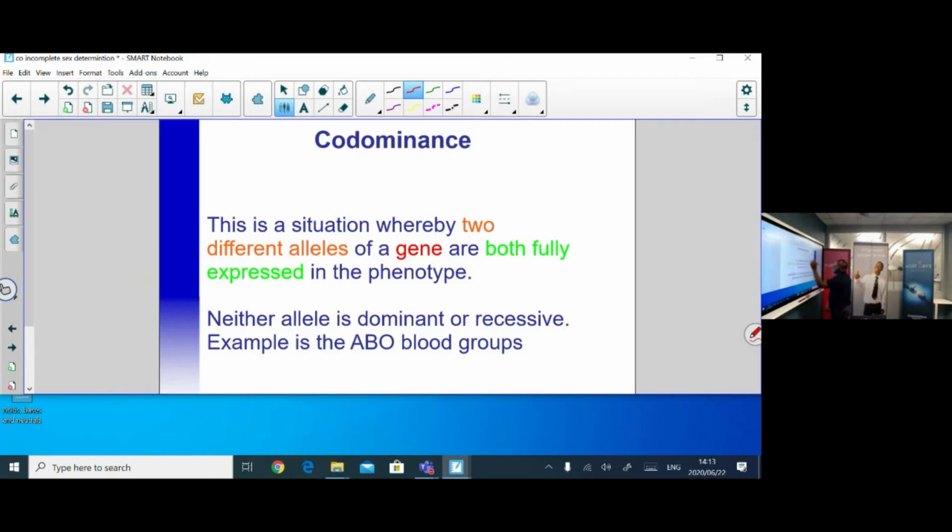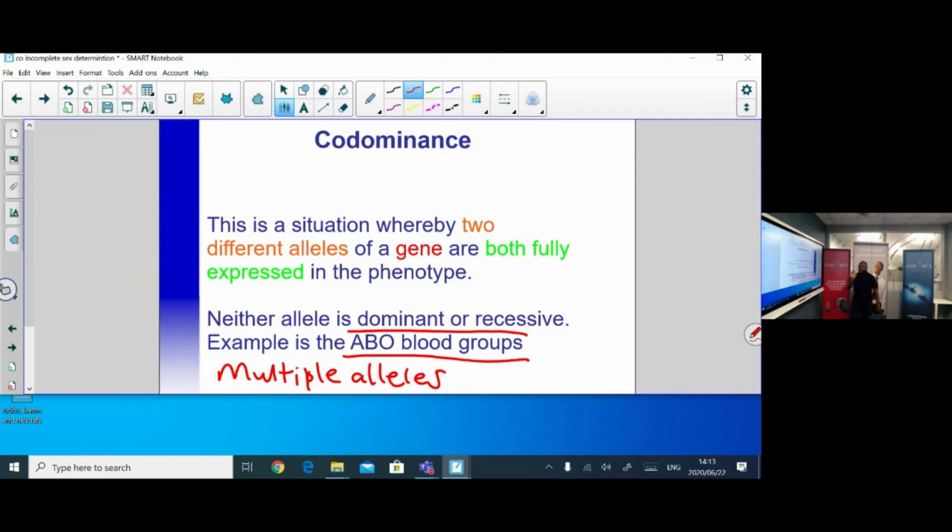This example would also lead us to the topic of multiple alleles. That's what we're also going to look at.